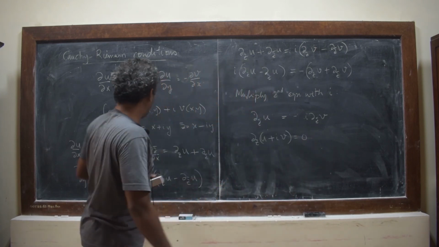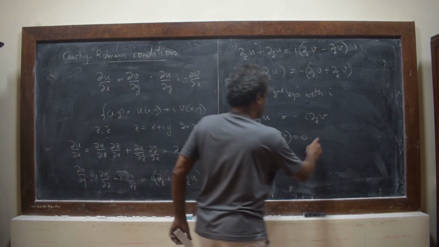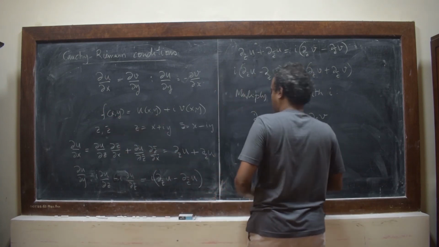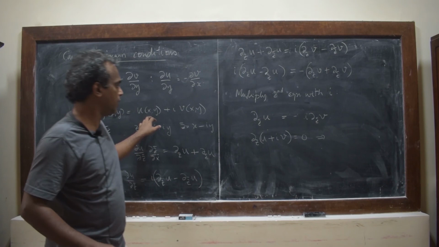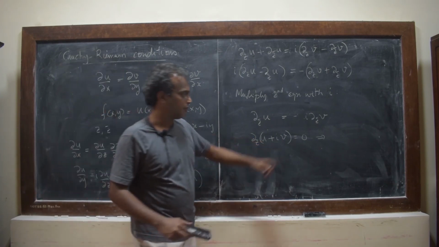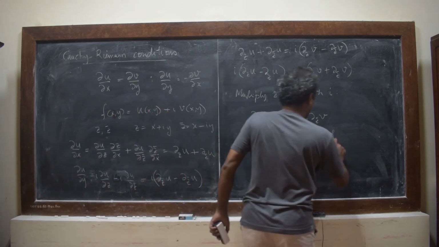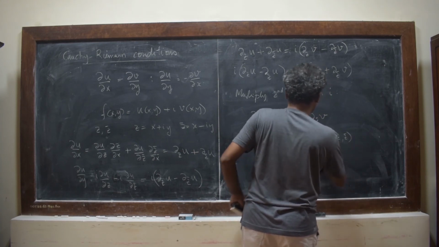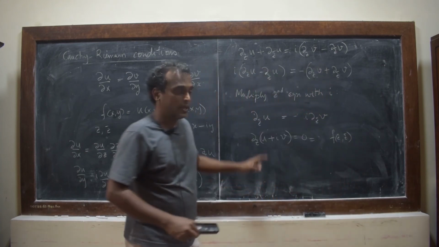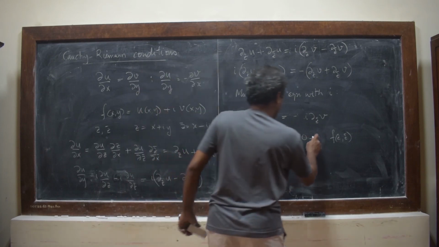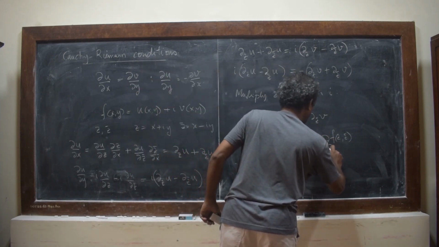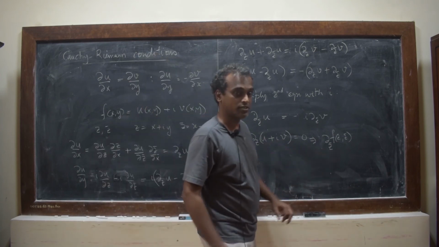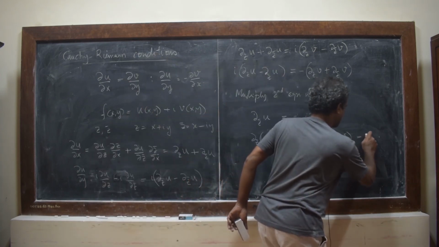Which in fact tells us that if I may write f, the function whose real and imaginary parts are u and v, as f of z comma z bar, for it to obey the Cauchy Riemann conditions, it must satisfy the partial derivative with respect to z bar vanishing.